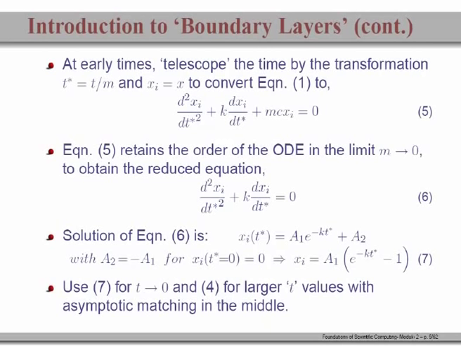It is quite easy. One of the exponents is 0, the other one is minus k. So you get the inner solution a1 e to the power minus k t star, please note this t star, plus a2. If I apply the initial condition, that gives a2 equal to minus a1 for this zero displacement condition, and this is the solution that we get.